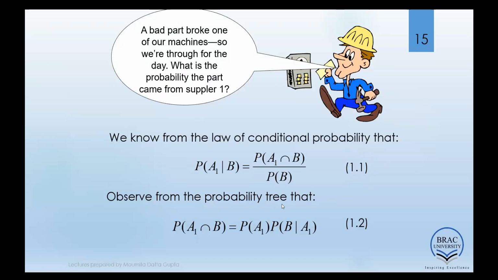And from the probability tree, we have observed that probability of A1 and B is equal to probability of A1 times probability of B given A1. We denote this as equation 1.2.